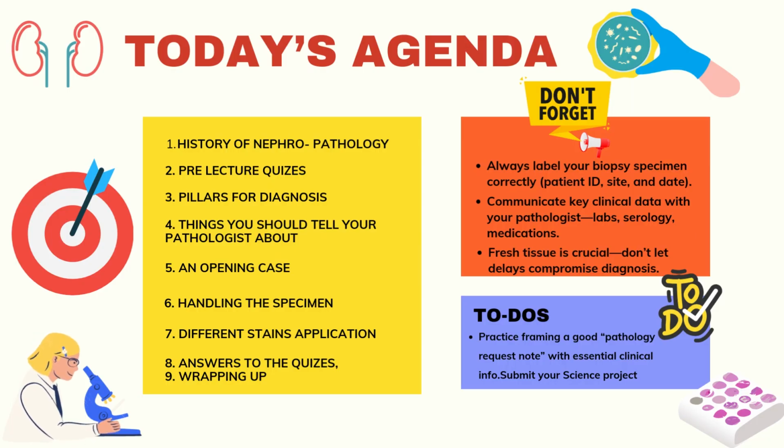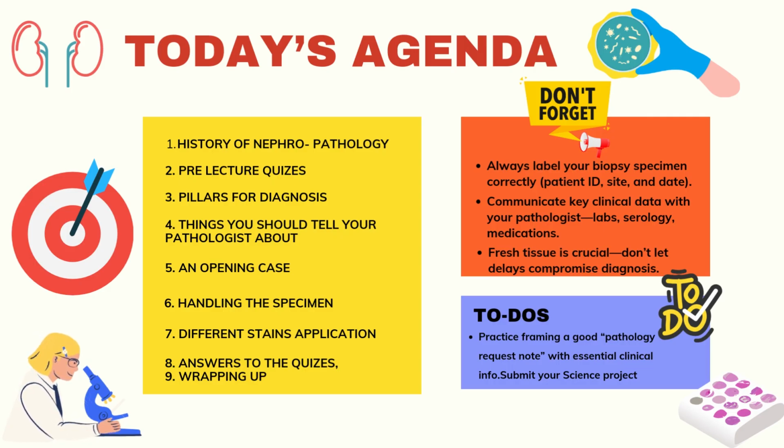In today's lecture, we will begin with a brief look at the history of nephropathology and its milestones, followed by some pre-lecture quizzes to get us thinking. We will then move into the main fundamental pillars of diagnosis before discussing the key information every nephrologist should share with their pathologist.